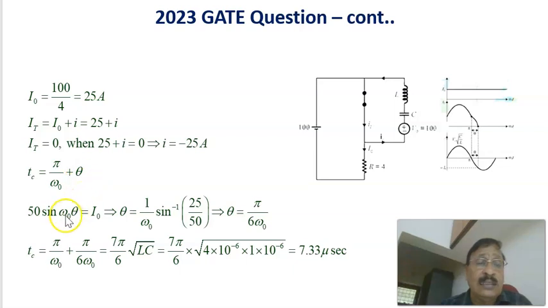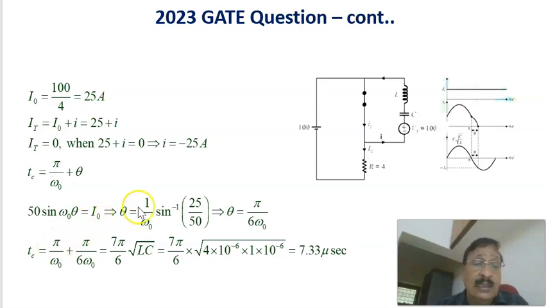To find angle theta, the instant at which this reaches this value is given by 50 sine omega naught theta, which is equal to the load current, I naught.